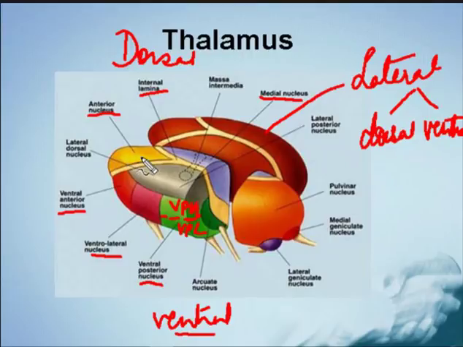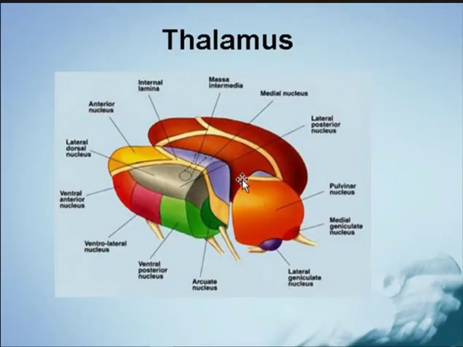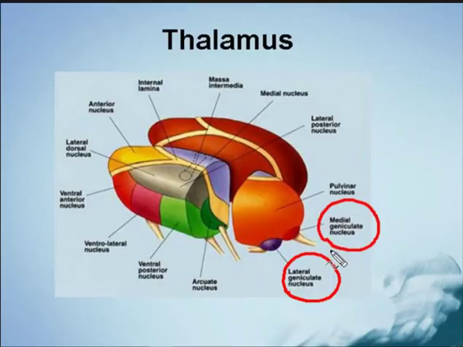And then on the posterior most aspect of the thalamus, you have two rounded areas. These are known as the lateral geniculate body and the medial geniculate body, or also called lateral and medial geniculate nucleus. You must know these because we've already done that. The lateral, we will be doing in a little more detail.